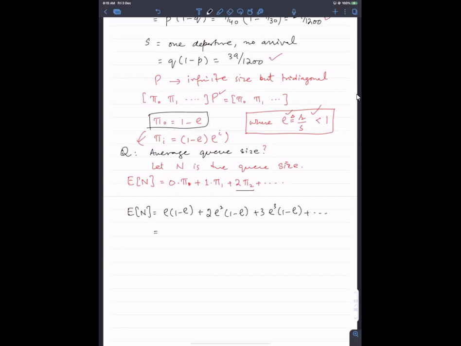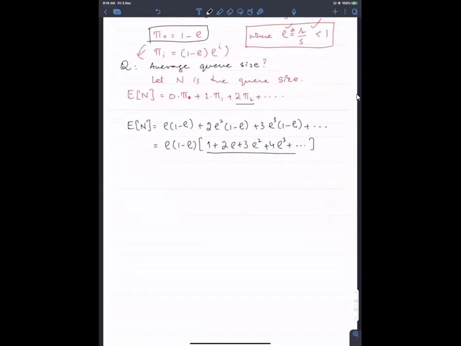So this would turn out to be equal to rho times 1 minus rho, which you can take common outside, times 1 plus 2 rho plus 3 rho squared plus 4 rho cubed plus so on. And this is a series that you can add with some trick. There are many different ways of solving this. One easy way is to realize that this is basically the derivative.